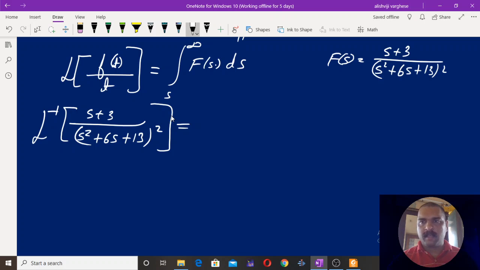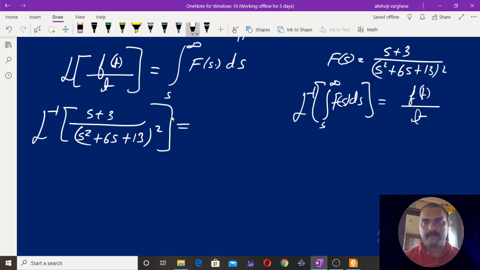So that kind of a relationship is here, and that is why we use the Laplace transform of derivatives to have the result. Okay, so what we have is integral s to infinity F of s ds. Its inverse Laplace transform is f of t by t.